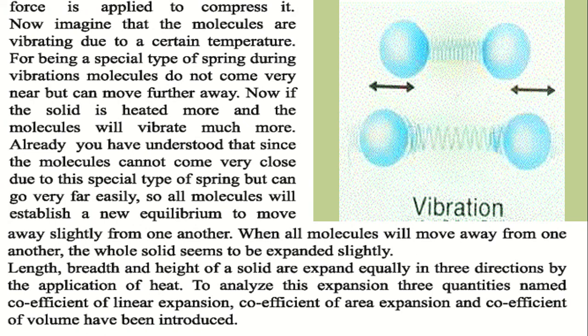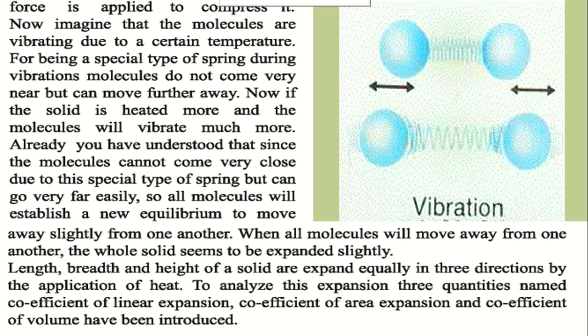Look here in the figure, the molecules are vibrating due to the application of heat, and they expand outwardly rather than in the inward direction. When all molecules move away from one another, the whole solid seems to be expanded slightly.